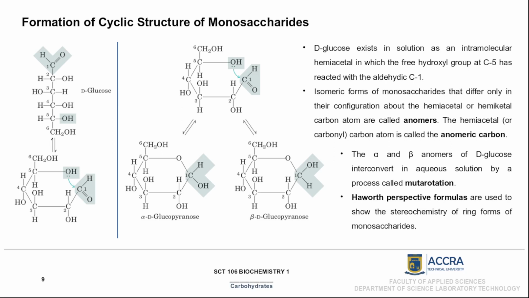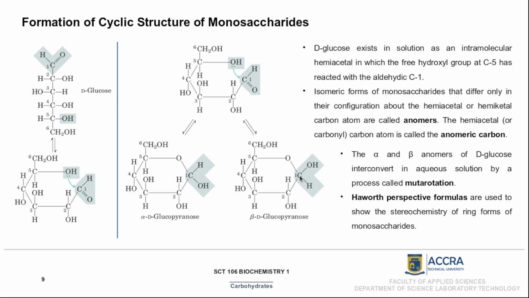Because of this process of mutarotation, which occurs in solutions, after some time, these two mixtures will have the same equilibrium behavior of stereoisomerism, because you will then have in both solutions almost equal amounts of alpha and beta stereoisomers.